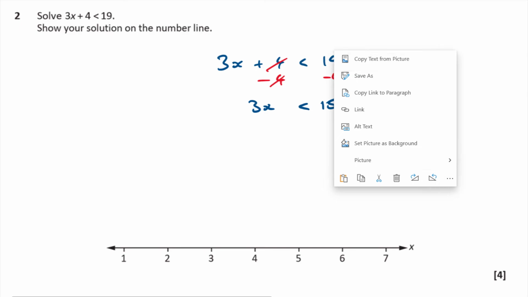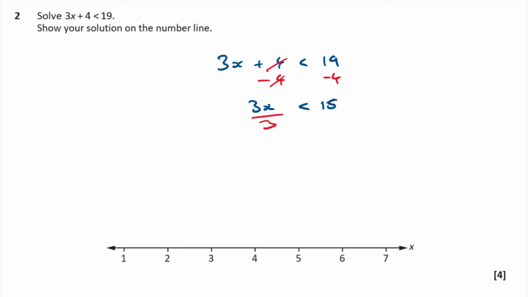And then dividing both sides by 3, that cancels with that, and I'm left with x < 5. Now I can show that on the number line by putting an open circle above 5. If it was less than or equal to, I would fill that circle in, because the 5 would be part of my solution.